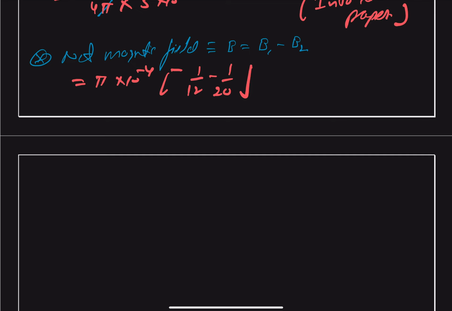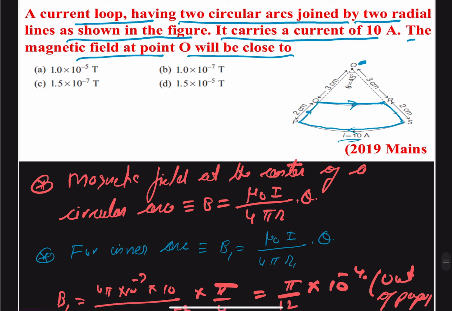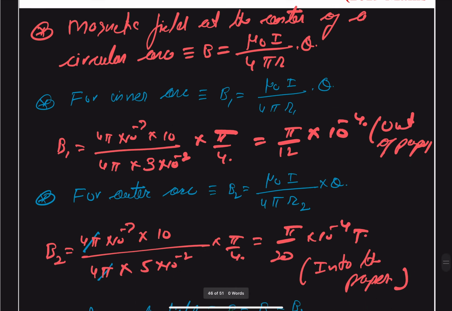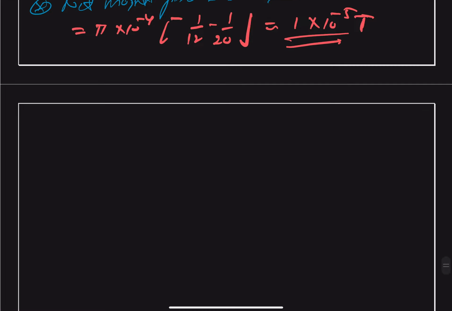So the magnetic field will be approximately equal to 1 into 10 to the power minus 5 Tesla. So the option number A is the correct option. Option A is correct.